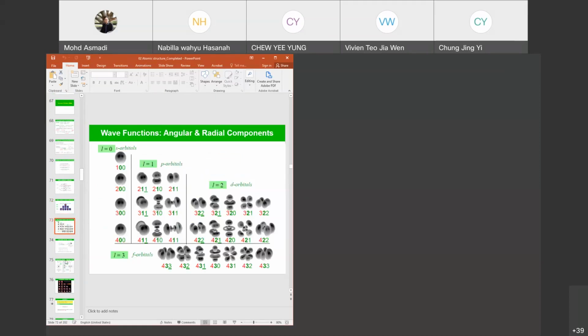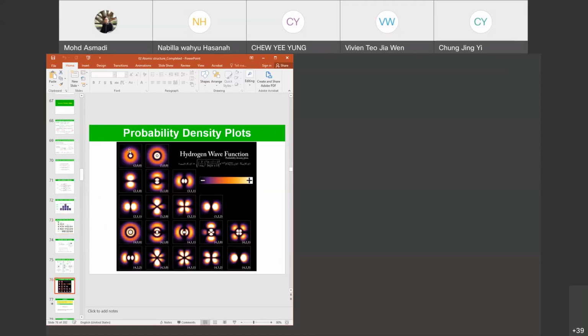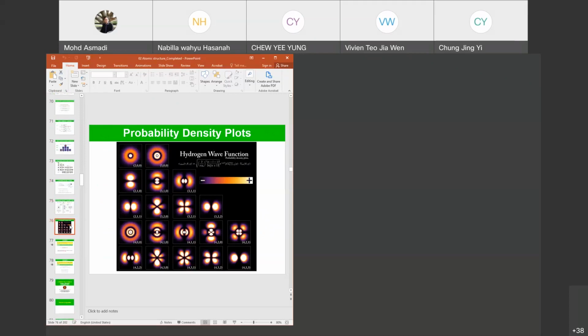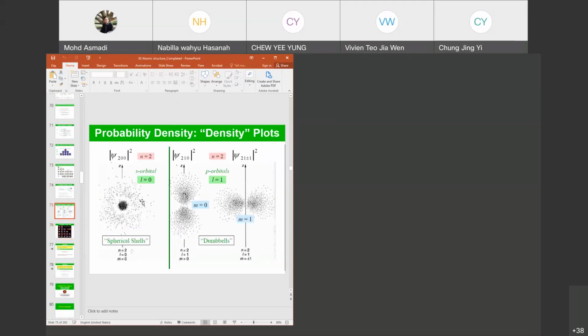And this is the example. This is S, P, and so on. This is a hydrogen wave function. Generally, this one is only the hydrogen wave function. Shell S is a circle type, round shape. This is the probability density showing how we locate the electron.